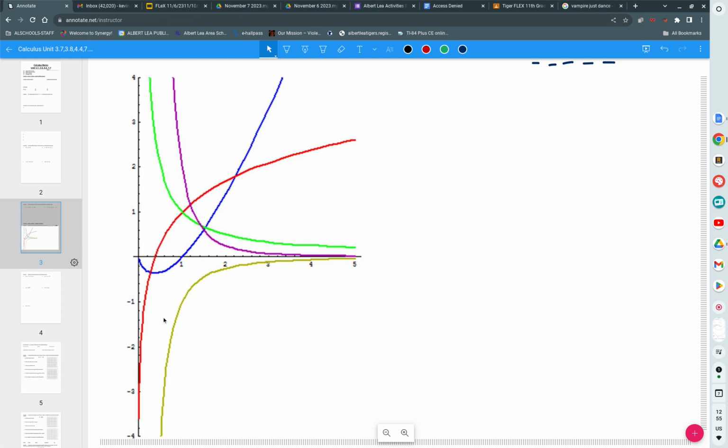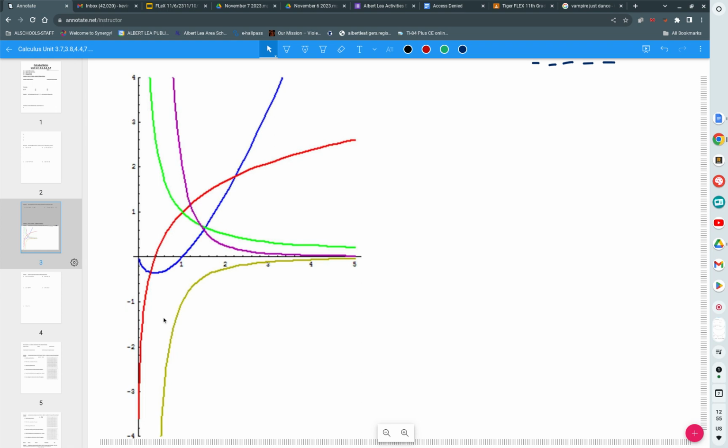Yeah, if you notice the lime green one as well as the purple, would everybody agree that the derivative is always negative? Yes. So that means that the yellow one must be the derivative of either the green or the purple one. Agreed? And the derivative of the red one and the yellow one is always positive. Therefore, the green or purple would probably be those derivatives, right?